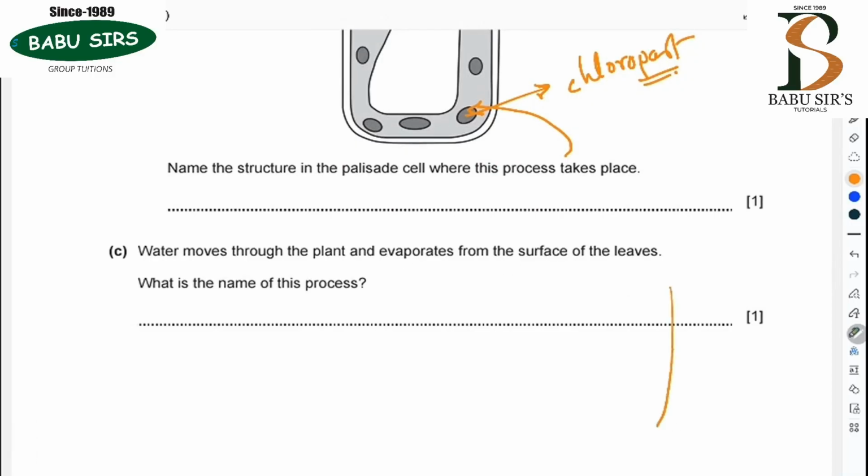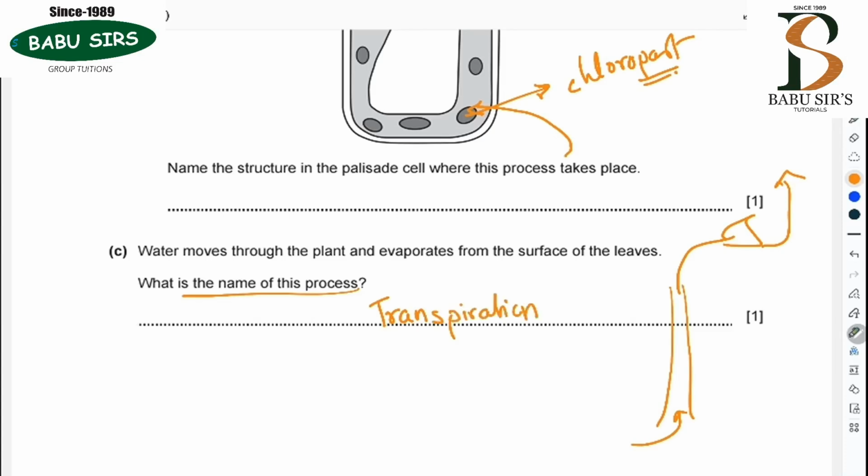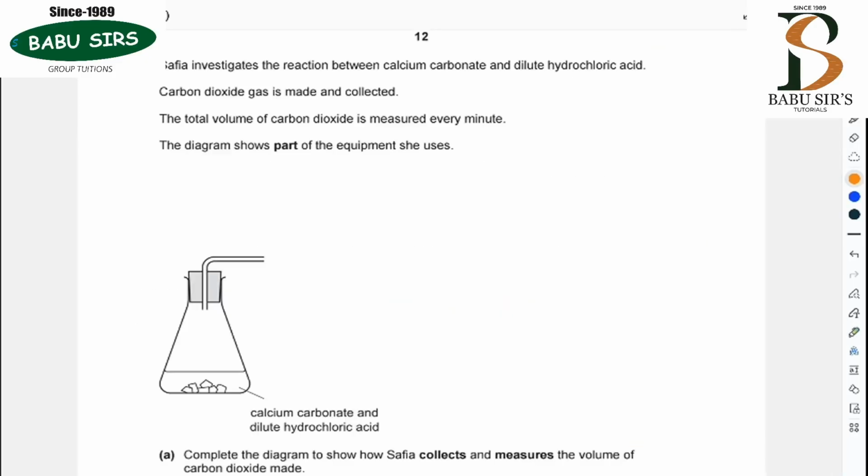So any plant will absorb water, and from the leaf it will evaporate. So name this process. This process is called transpiration. Transpiration is loss of water. Now question number 10.